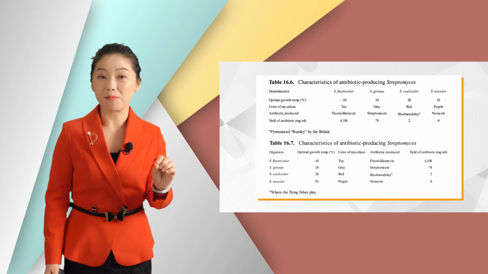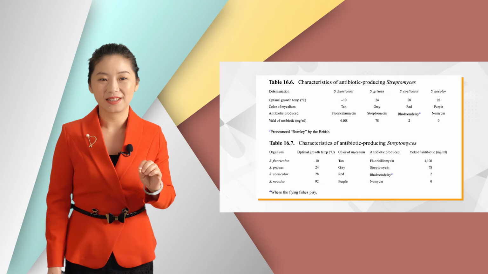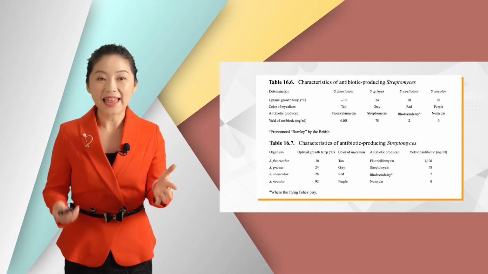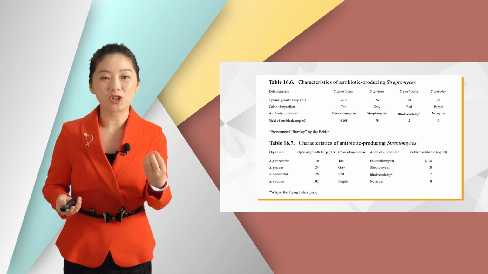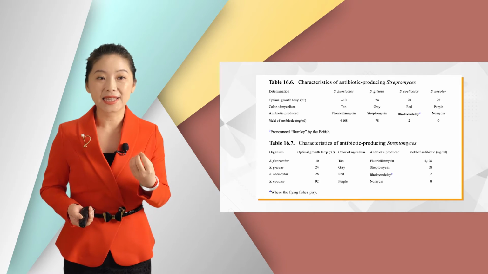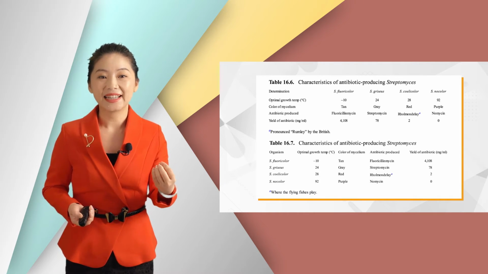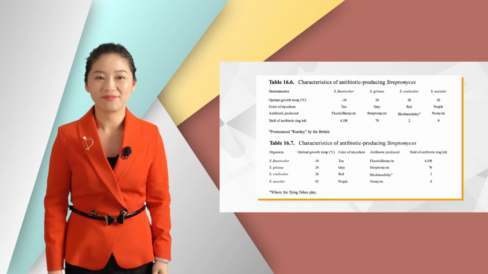Table 16.7 is the preferred format because it allows the reader to grasp the information more easily, and it is more compact and thus less expensive to print.